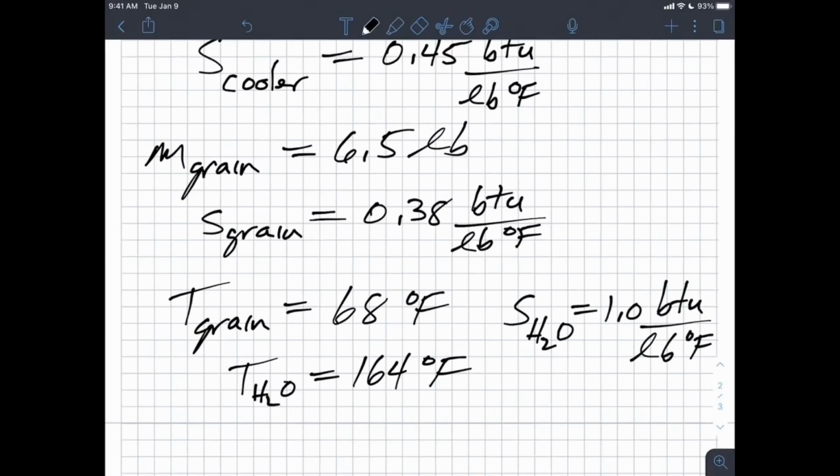Now we can calculate that final temperature of the grain. And so let's put in everything we know.